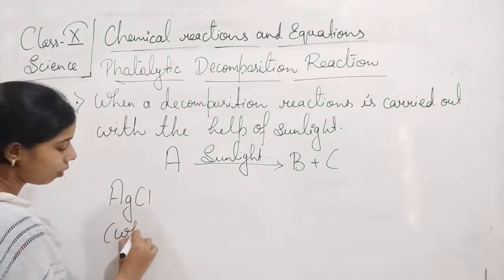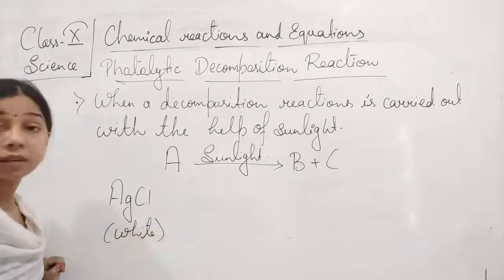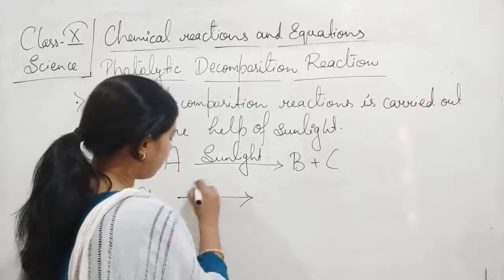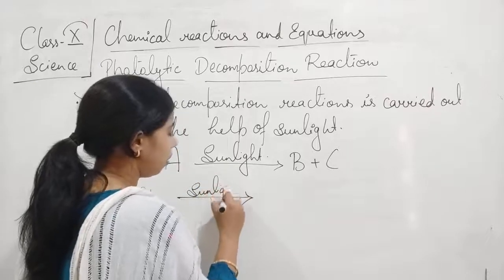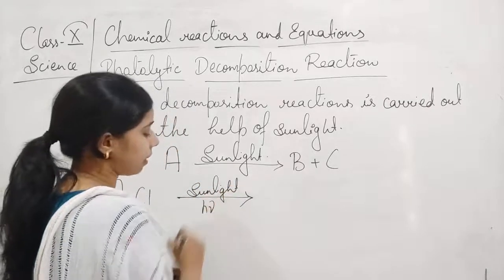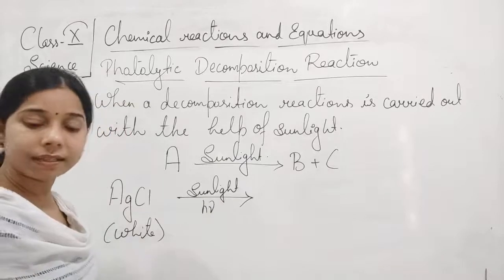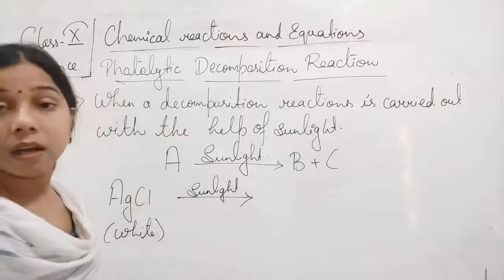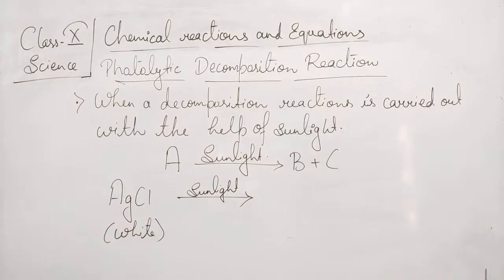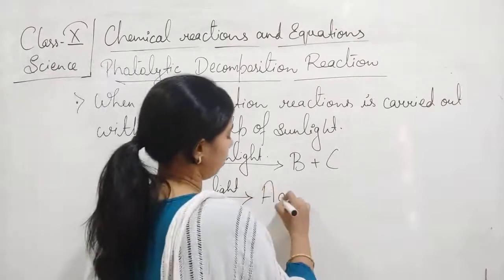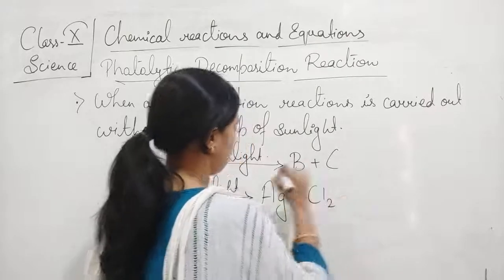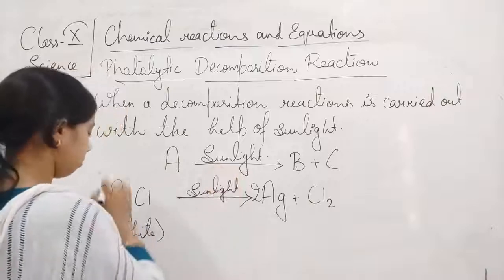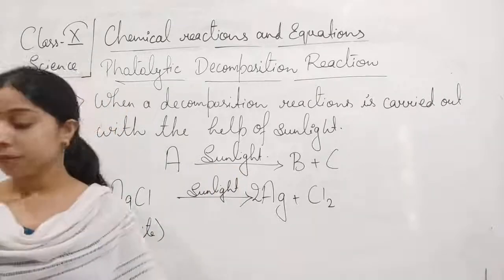This is white in color, and in the presence of sunlight, which we can also write as h nu, which helps us understand that it is occurring in the presence of sunlight, it will give Ag plus Cl2. 2Ag. Now we are able to balance it also. So it will be balanced here. Okay.